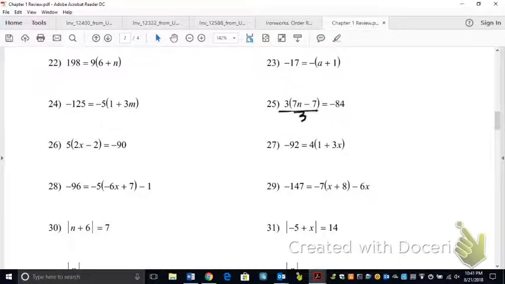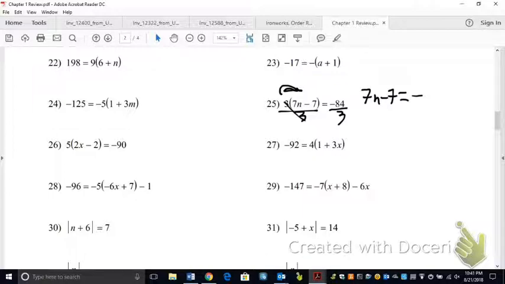If I divide by 3, I get 7n minus 7 equals, now the reason I can do that is because over here, when 2 things are next to each other, that's multiplication. So I can work on freeing up that n by, if something is attached to or near the variable with multiplication, I divide.